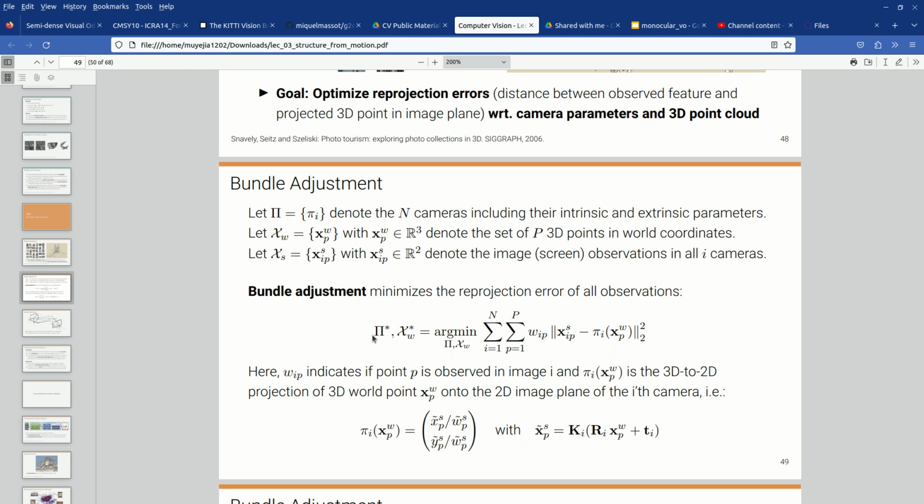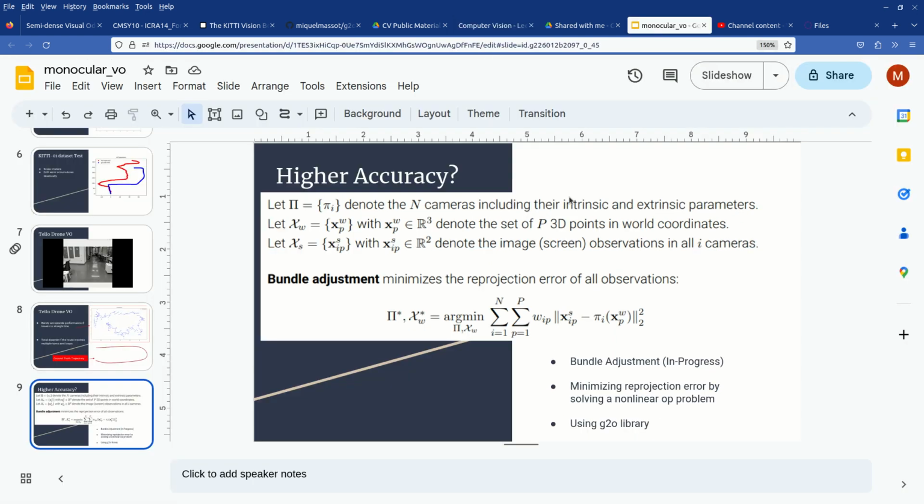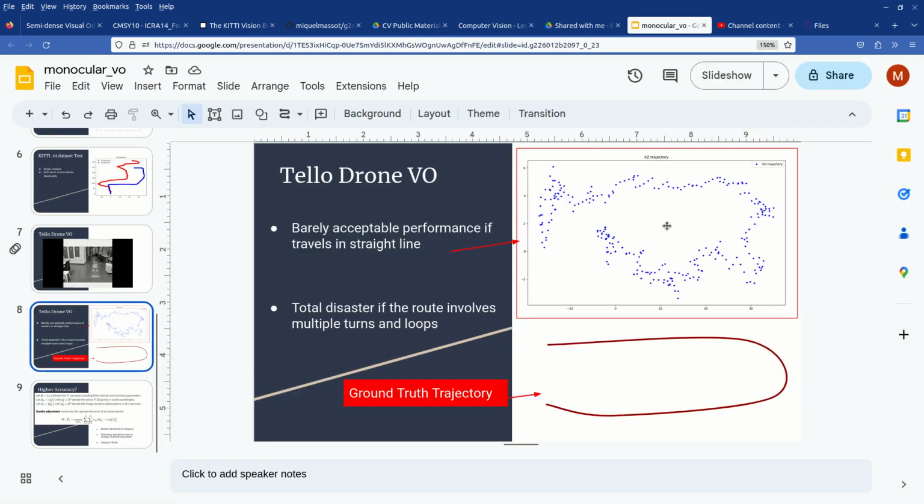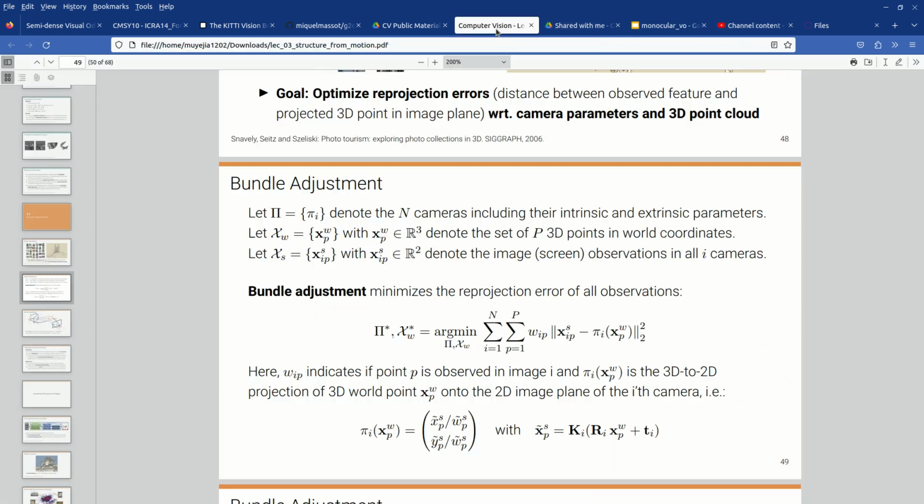So in order to obtain the initial guess, we can use the camera rotation and camera translation vectors we obtained in our previous visual odometry result. So we can use our result from VO as an initial guess for the bundle adjustment optimization problem, right?